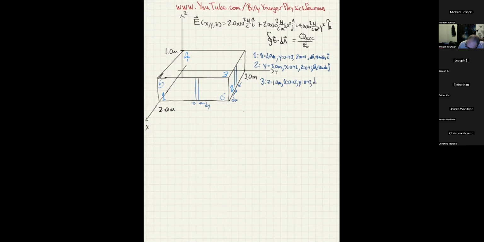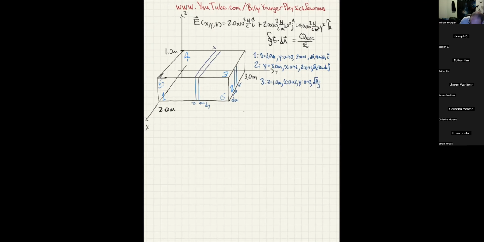So dA3, in this case, only the k hat is going to matter, and the k hat has a y dependence, so I have to make it infinitesimally small in the y direction, which in fact forces our differential area element to be like this.